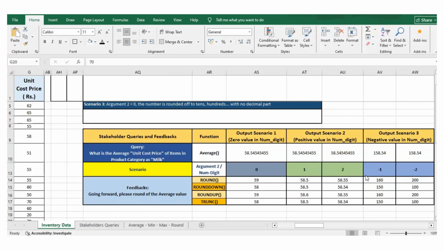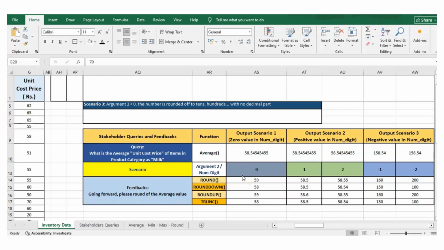We can see that 158 is closer to 200. Hence, the round off value output will be 200. So, again, let us summarize. In the case of -1, the round off is done up to tens place. In the case of -2, the round off is done to the hundreds place.